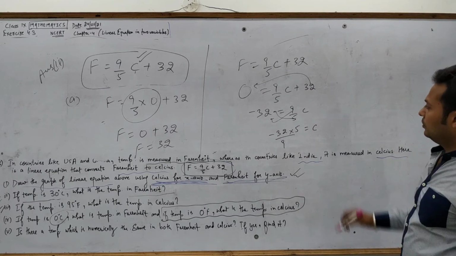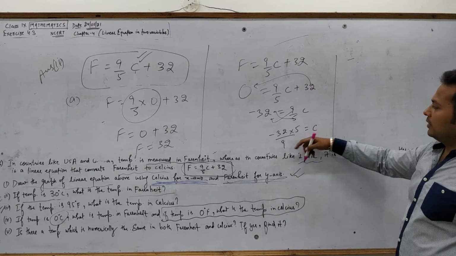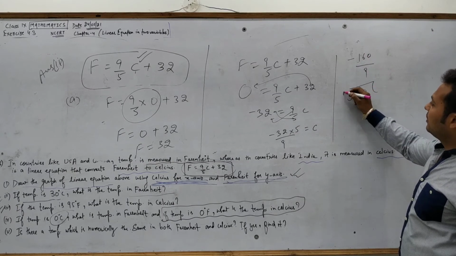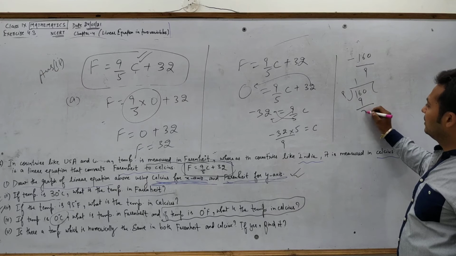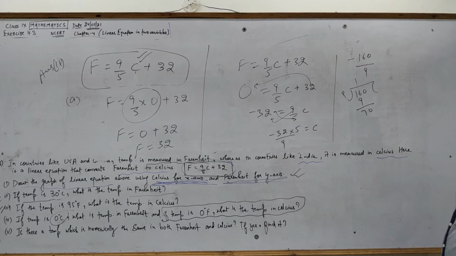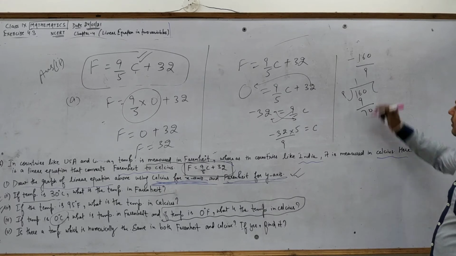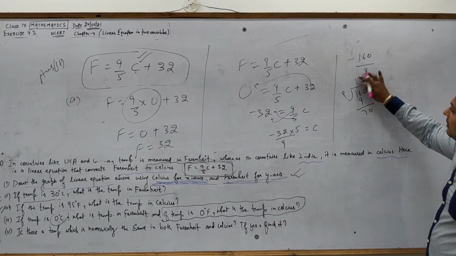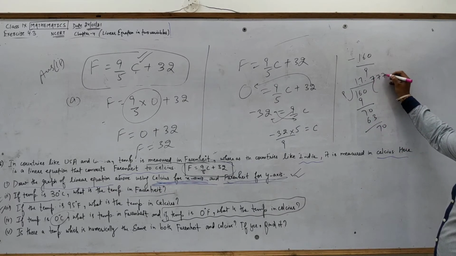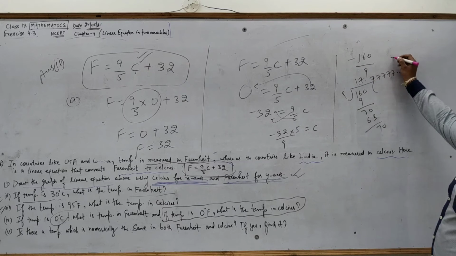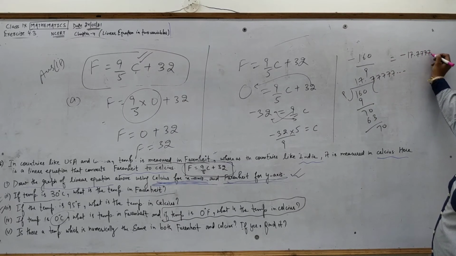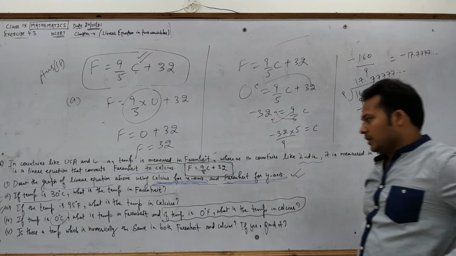So the value of C will be minus 32 into 5, which is minus 160 upon 9. 160 upon 9: 9 1s are 9, 70; 9 7s are 63; again 70. 17.777. So our value will be minus 17.777. Got it?